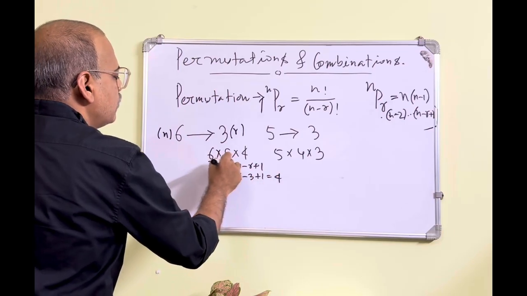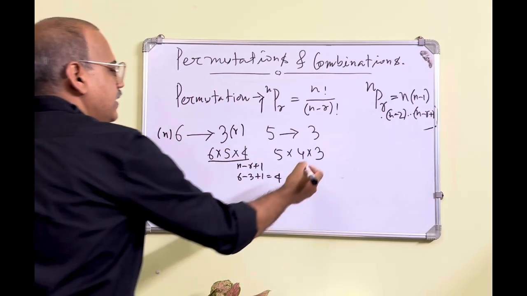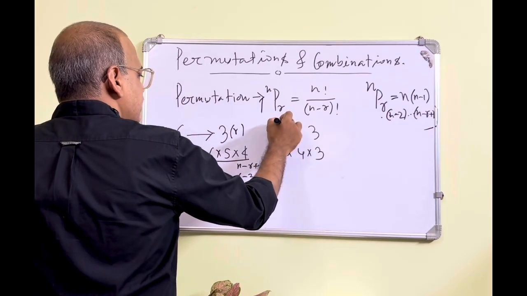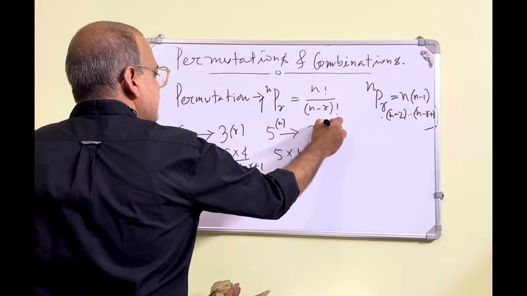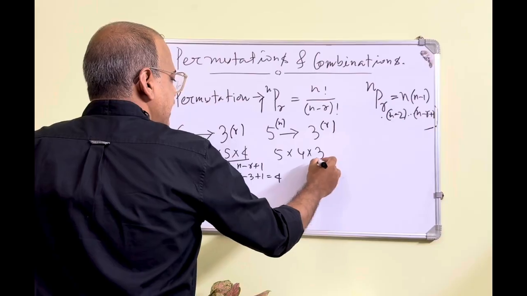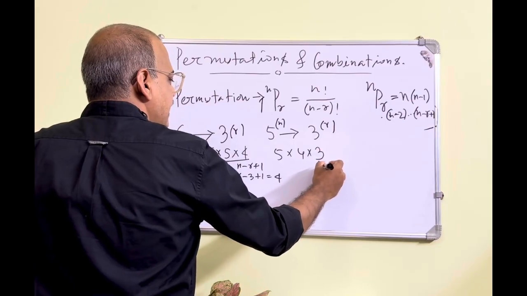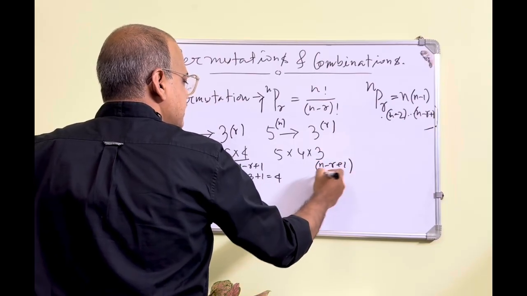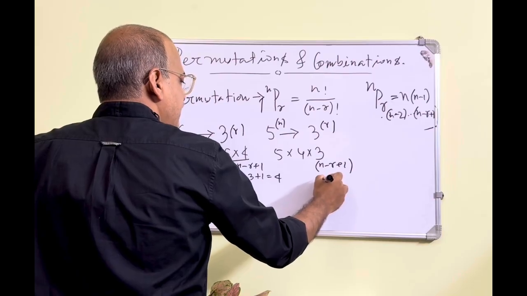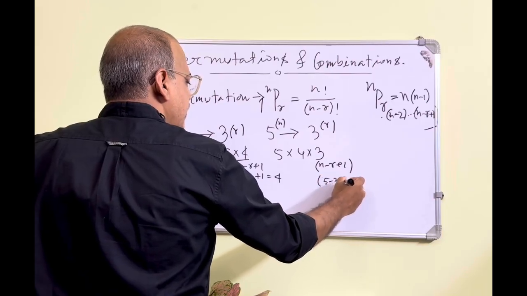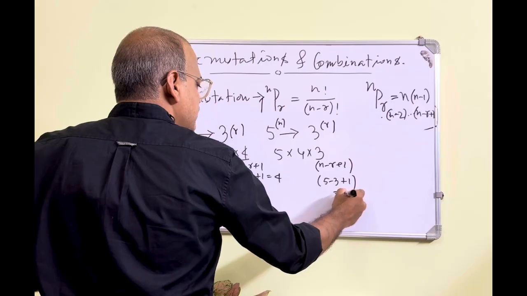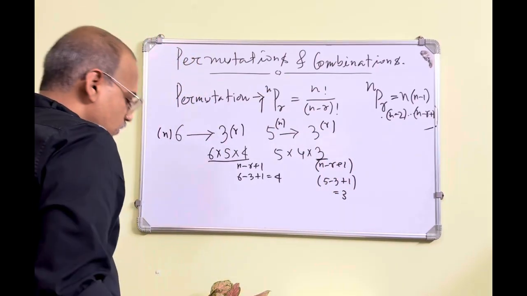So it will go down till 4. Here, n is 5, r is 3. This position will go till n minus r plus 1, which is 5 minus 3 plus 1, which is 3.